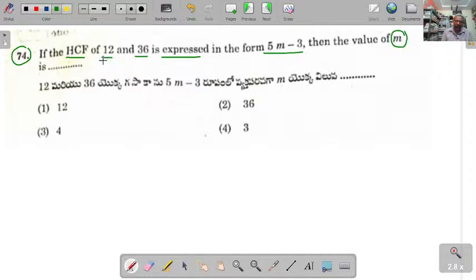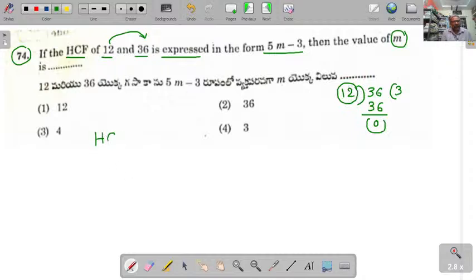So first find the HCF or GCD of 12 comma 36. Let us find out. So that means 36 divided by 12. 12 3s are 36. Remainder is 0. Obviously the 12 becomes HCF.